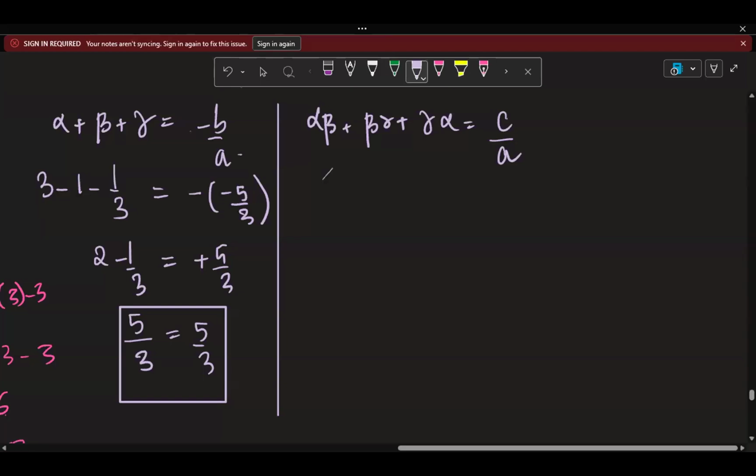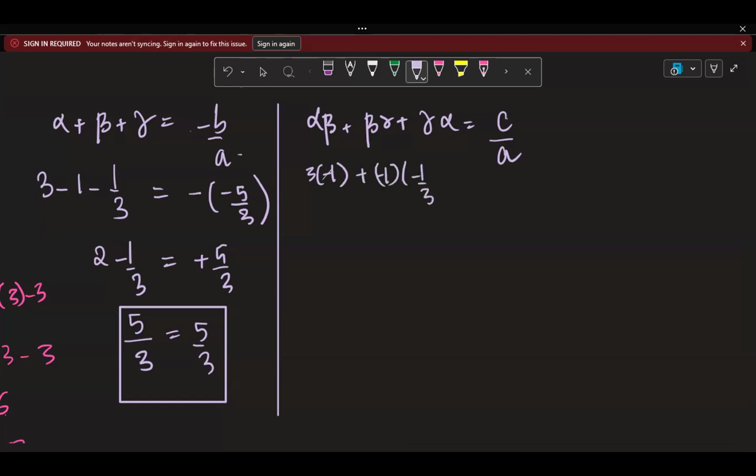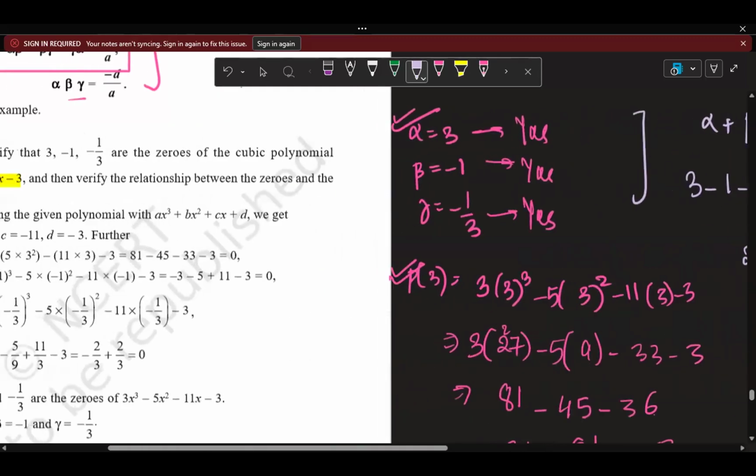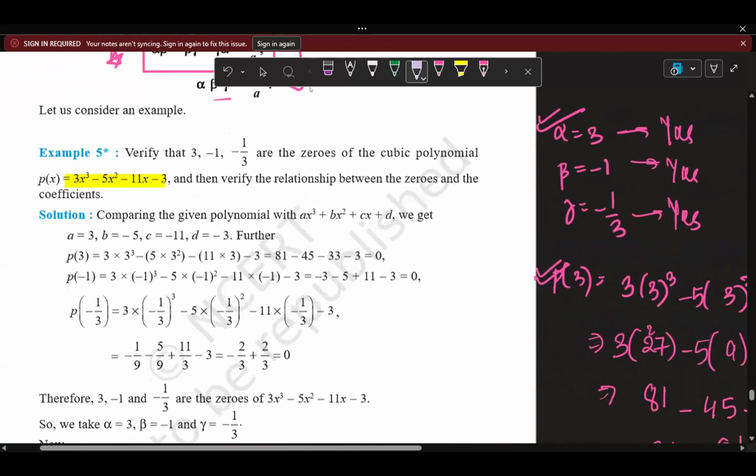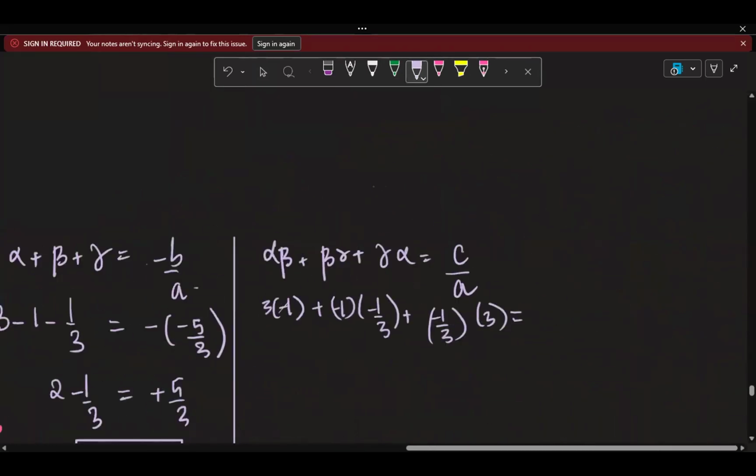Now, children, you will just do one thing. Just multiply alpha with beta. So 3 into minus 1, plus minus 1 into minus 1 by 3, plus minus 1 by 3 into 3 should be equal to C by A. Now, what is the value of C? Check from the polynomial. Children, this is A, this is B, this is C, and this is D. So the value of C is minus 11, right?